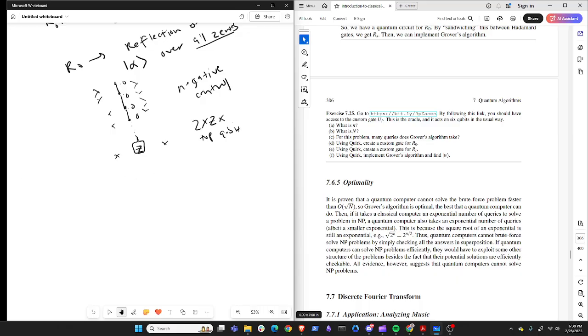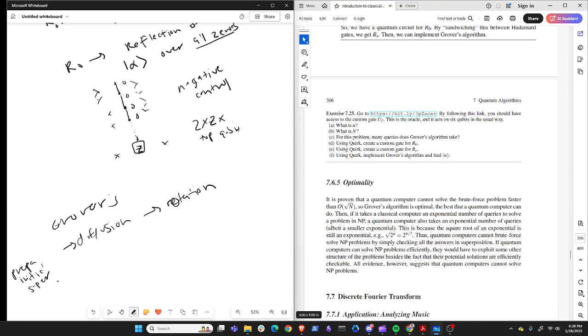So basically, with Grover's, we prepare the initial superposition, and we saw how that's mathematically represented.